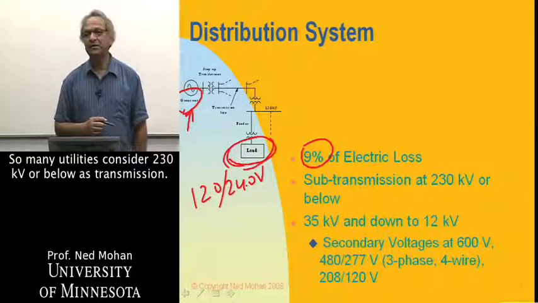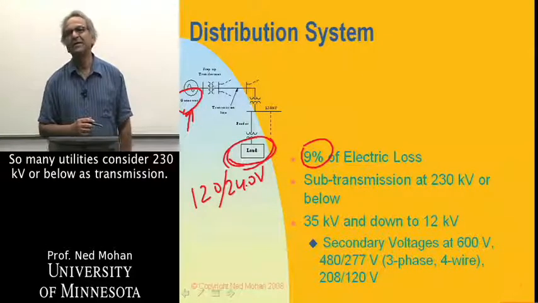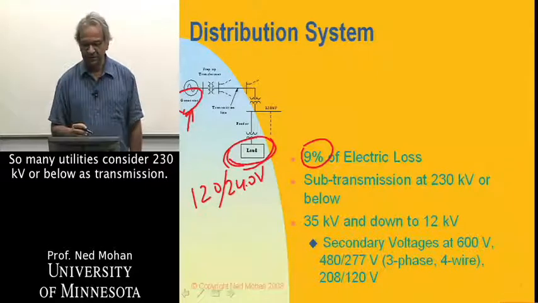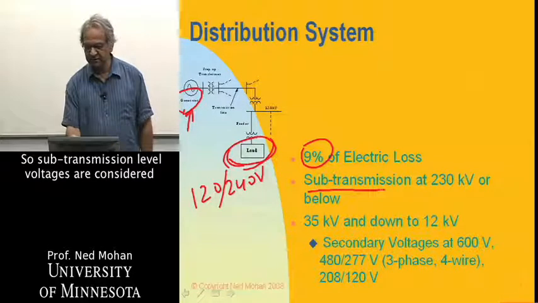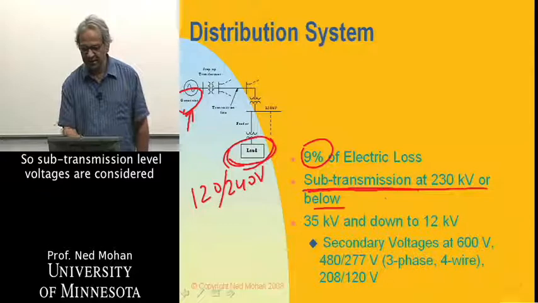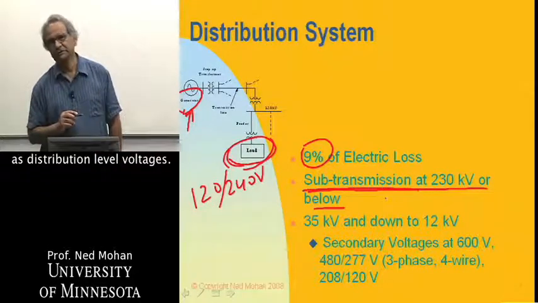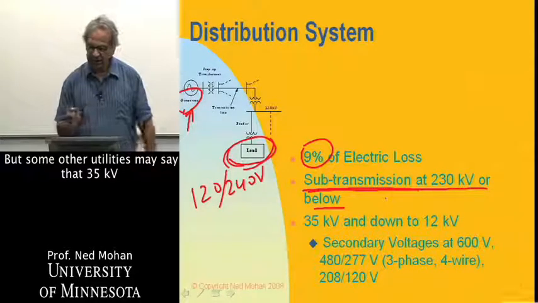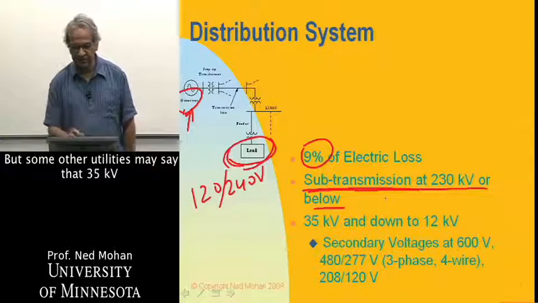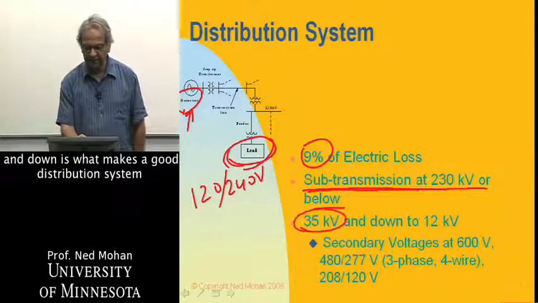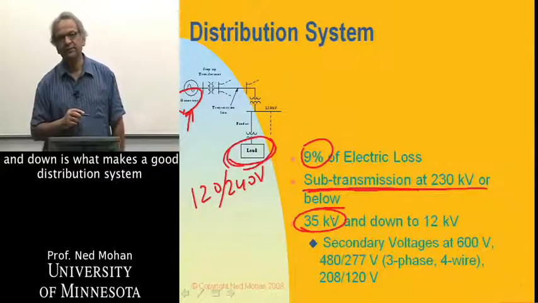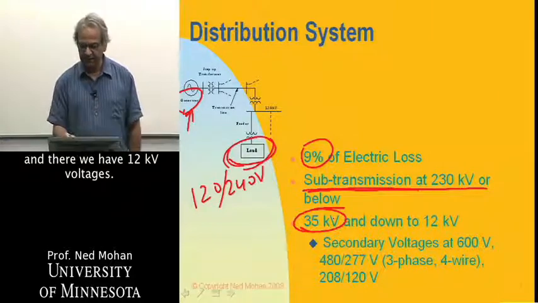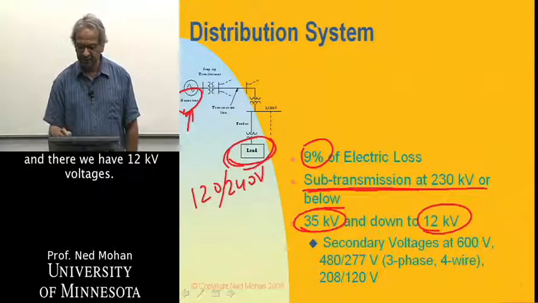So many utilities consider 230 kV or below as transmission. So sub-transmission level voltages are considered as distribution level voltages. But some other utilities may say that 35 kV and down is what makes up the distribution system, and there we have 12 kV voltages.